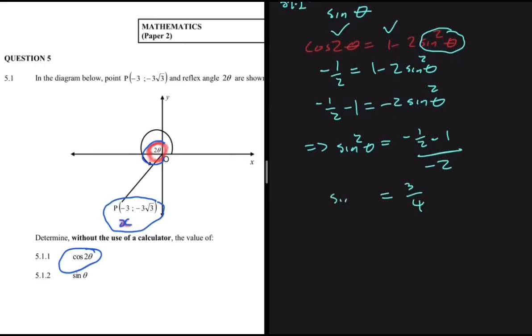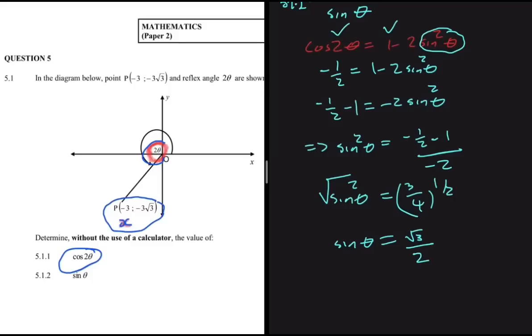Being equal to sine of theta squared. So now we just take the square root on both sides. If we do that, we should get sine of theta is equal to the square root of 3, right, divided by the square root of 4. The square root of 4 is 2. So our answer for this question would actually be sine of theta is equal to the square root of 3 divided by 2.